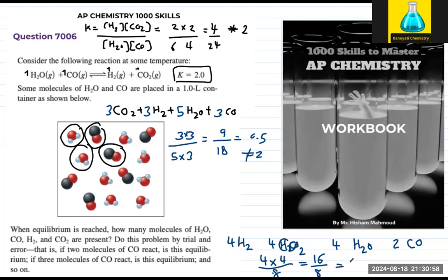So 16 over 8 is equal to 2, and our K is equal to 2, so this is the correct number. So we can say that the answer is that 4 moles of H2O has reacted with 4 moles, or molecules, because he asked about molecules, of CO. This is the correct answer. 4 reacted with 4.